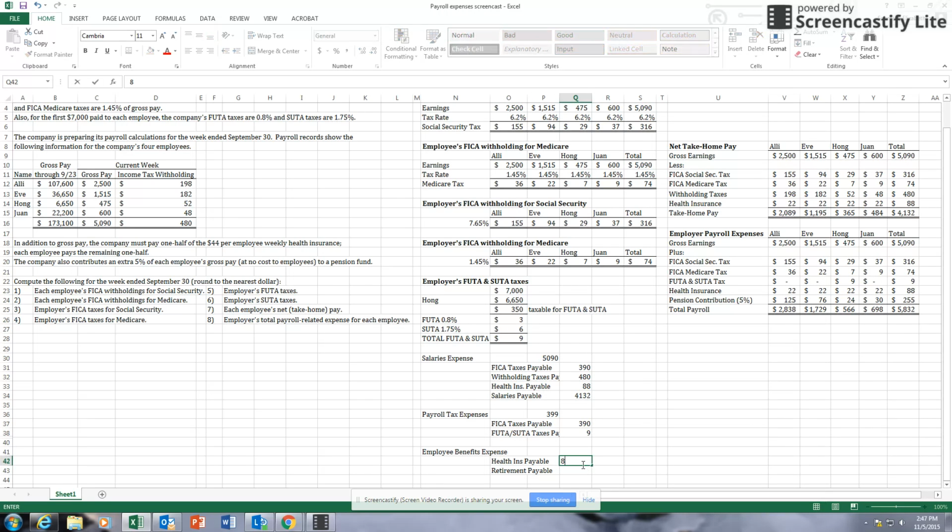And the health insurance is the $88 in total. And the pension contribution is our retirement payable of $125, which gives us total employee benefits of $343. That is our expense. This is what we owe. We're not paying this in cash right away. We are accruing these things. And at some point, relatively soon, then we will debit these amounts and pay cash to the appropriate authorities.